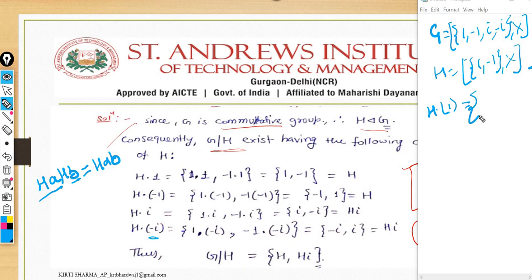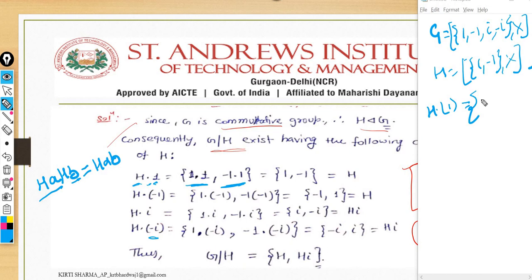Like I've already mentioned, 1 into 1, minus 1 into 1, right? With respect to 1, whatever is the element of H, you have to apply the operation. What is the operation? Multiplication. You can represent it by a dot or multiply symbol, it means only multiplication.